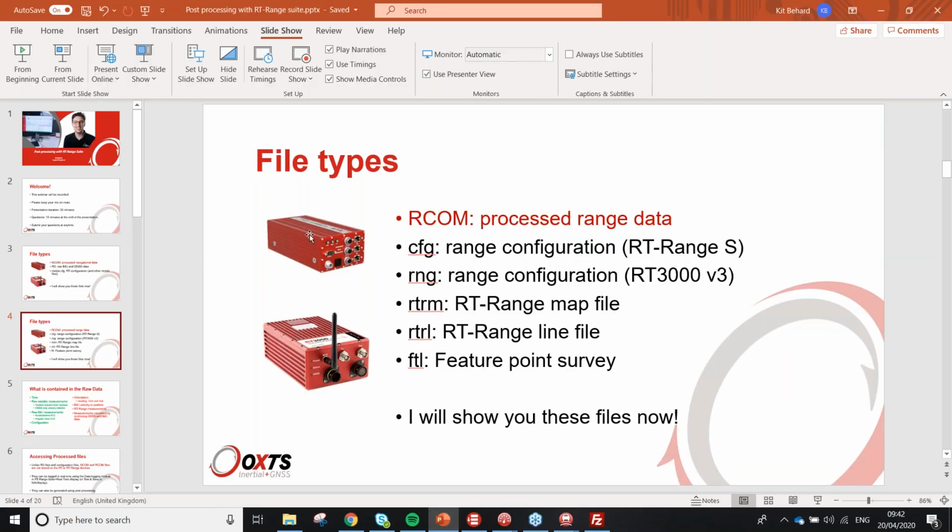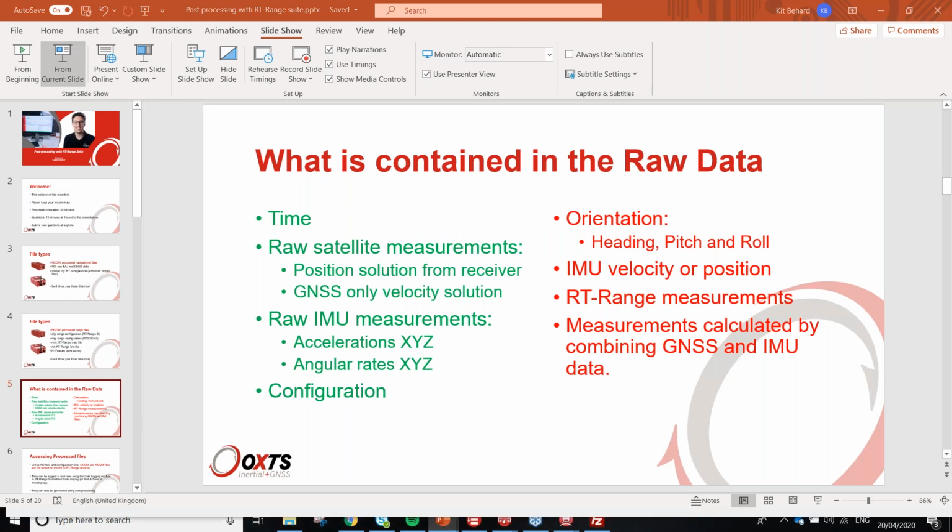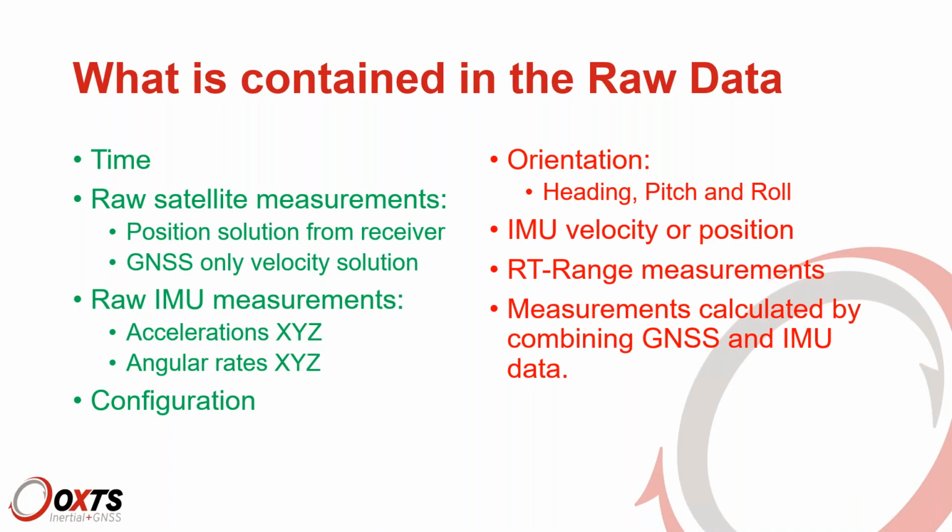So just a quick recap. What is contained in the raw data? The raw data is the RD file, which is stored on the RT3000, for example. And contained in that RD file is time, measurements from the GNSS, as well as a position solution and velocity solution, which are GNSS only.